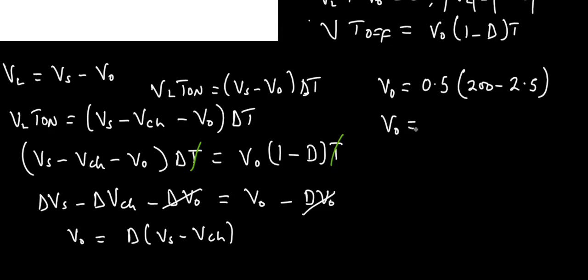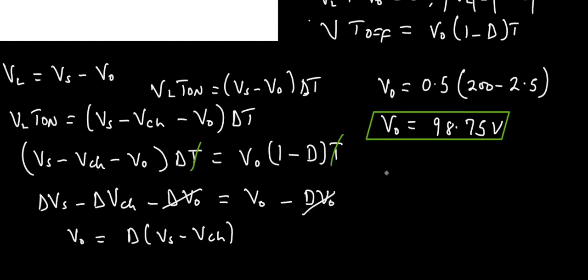So V naught is 98.75 volts. So this is our average voltage.